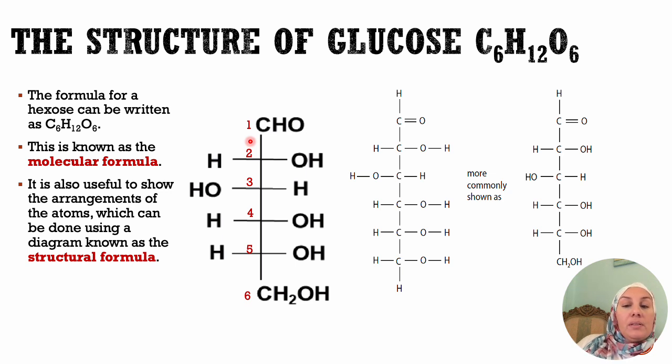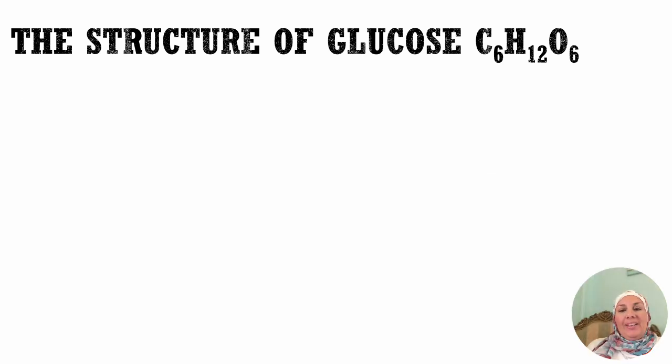Well, what happens if it's not dry? If it's added to water, it actually rearranges. So let's see, how does that happen? The structure that we have just seen, the linear structure, is actually how glucose looks in dry form.